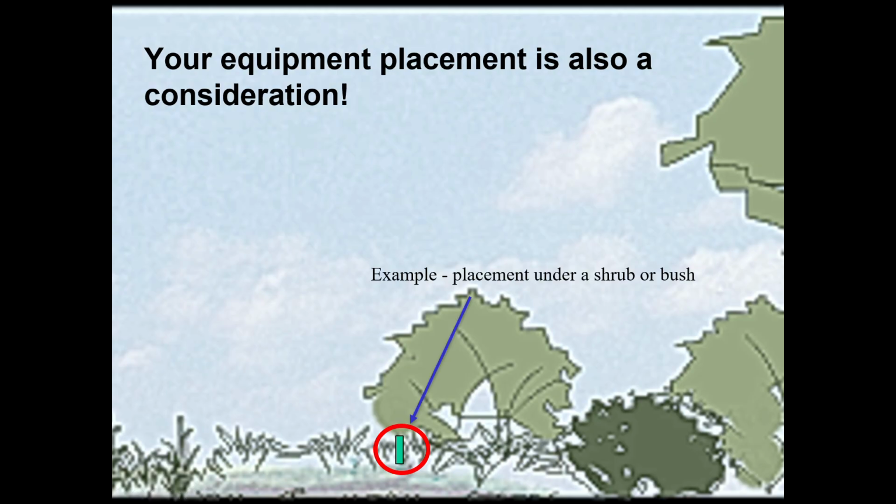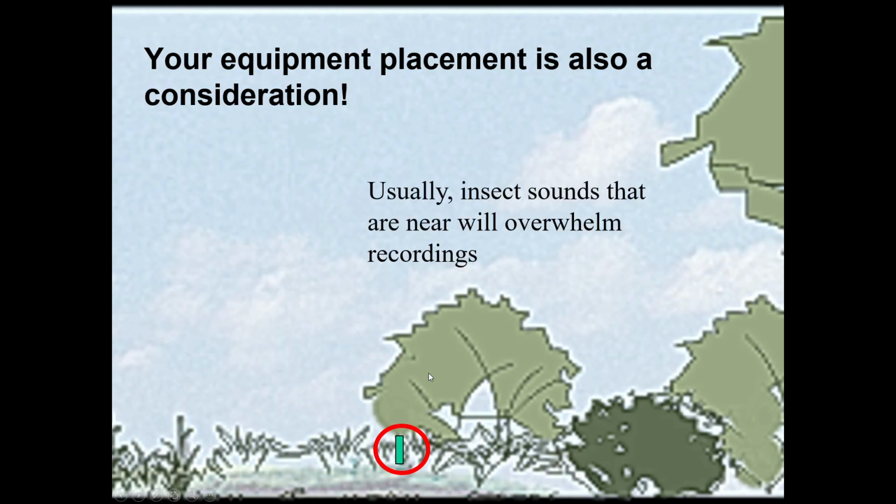Placement is important, and under shrubs or bushes sometimes seems a real good place. You want to hide them so people don't steal them or mess with them, so you can record the bats flying around.